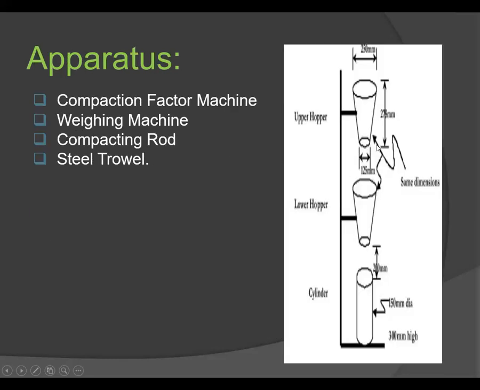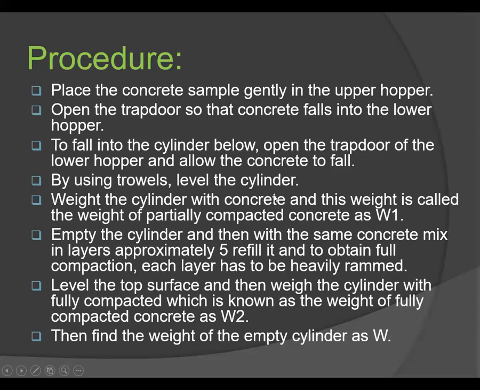You can see in this picture the trap door is arranged at the bottom of the upper hopper and at the bottom of the lower hopper. So the next step is to open the trap door so that the concrete falls into the lower hopper.